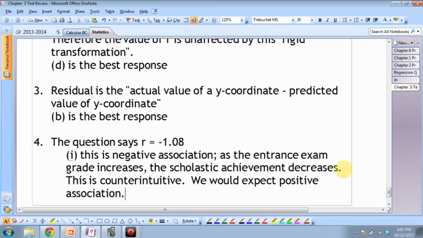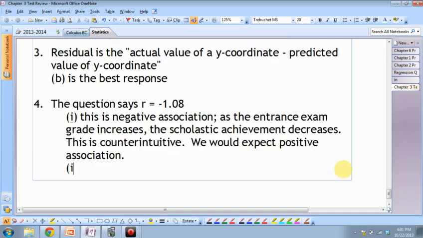If the entrance exam grade is higher, then the scholastic achievement should also be higher. But that's not even the worst part about this. The worst part is R needs to be between negative 1 and 1.